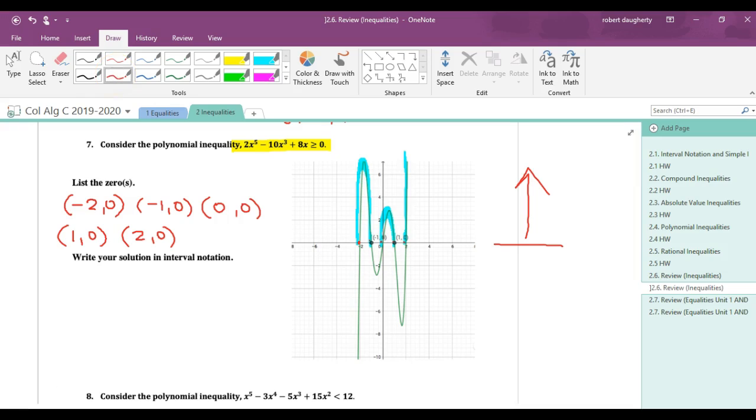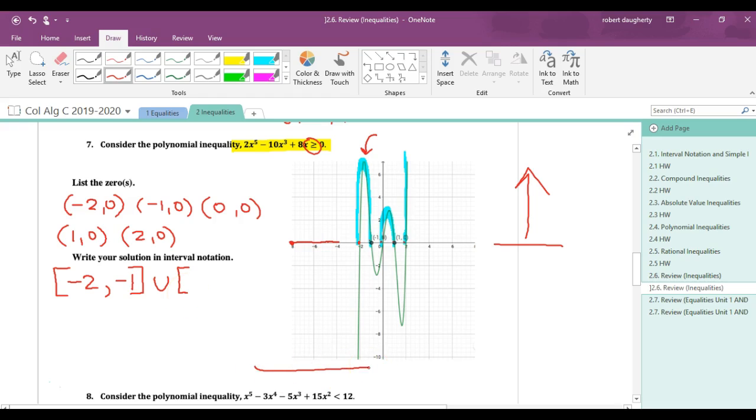So I'm traveling along the x-axis, finding intervals. This graph is negative until it gets to -2. Remember, this is greater than or equal to. So the first interval that you see represented here is the interval from -2 to -1, and I have brackets. Then the graph goes negative, then it starts to go positive again. Remember, I'm traveling from left to right.